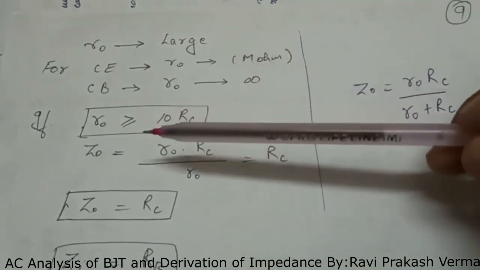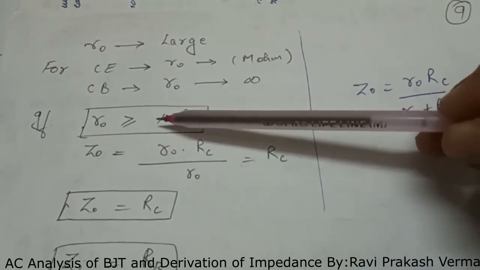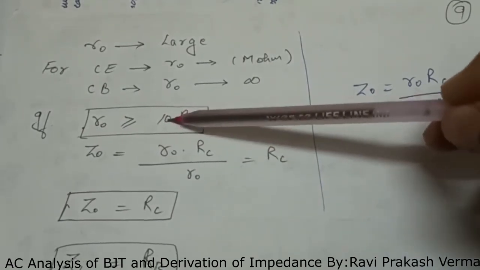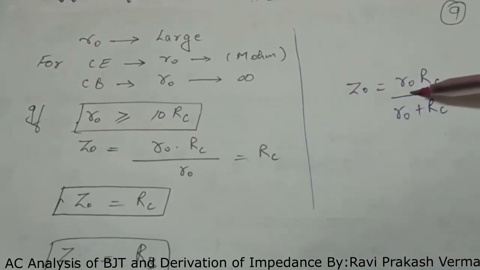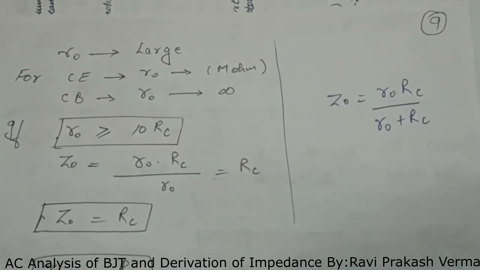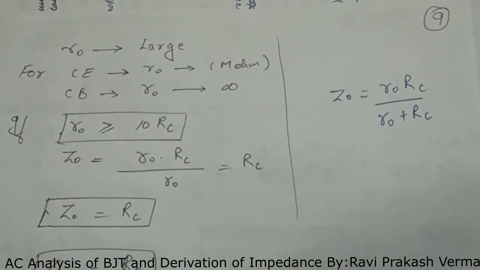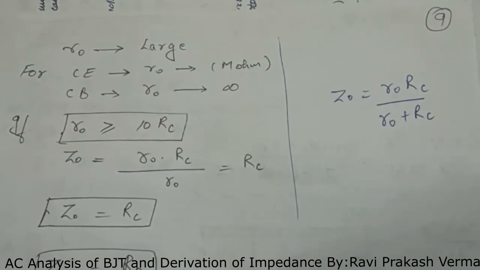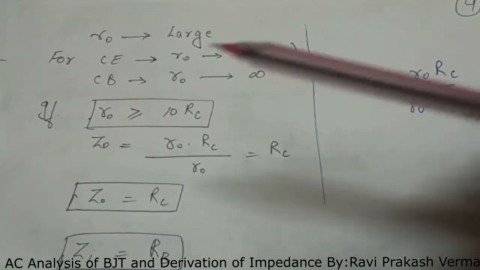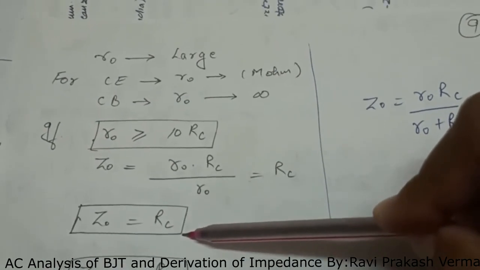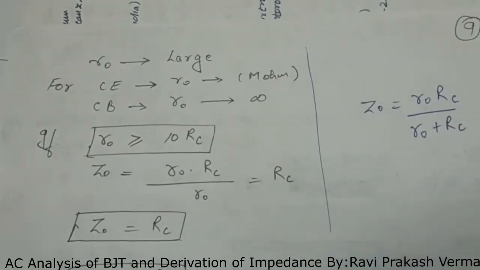So if we assume the output resistance is greater than or equal to 10 times RC, we replace this approximation in our output impedance equation, Z naught equals R naught RC upon R naught plus RC. Then we can neglect RC as compared to R naught. From this relation we get the output impedance equal to RC, that is the collector resistance. So this is for this lecture. Thank you guys.